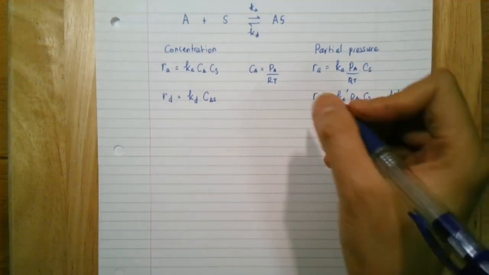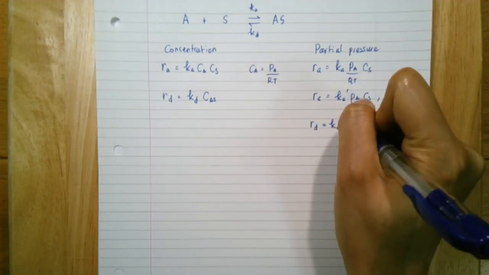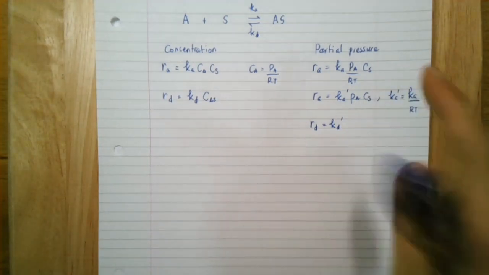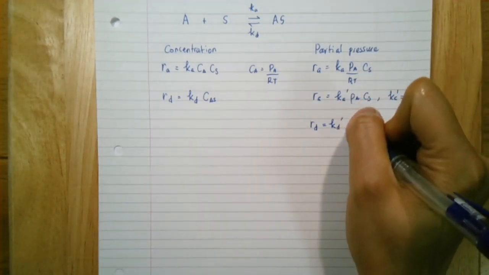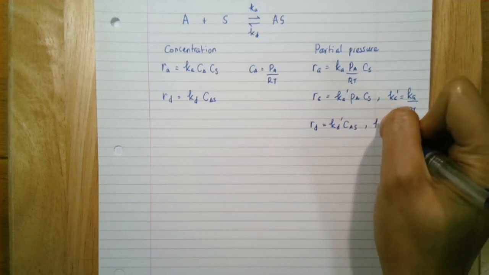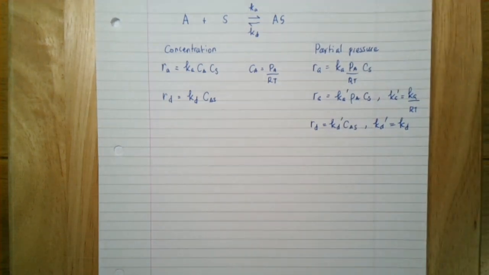So let's do that. Rd is equal to Kd prime, prime to denote that the compositions are expressed in terms of partial pressure, times CAS. Therefore, Kd prime is just equal to Kd.